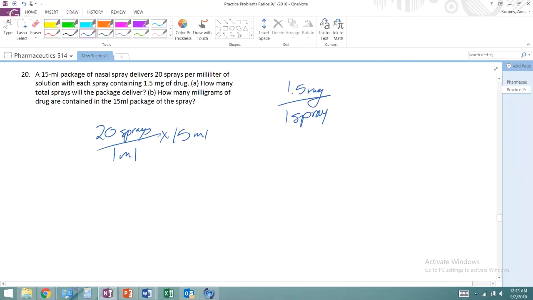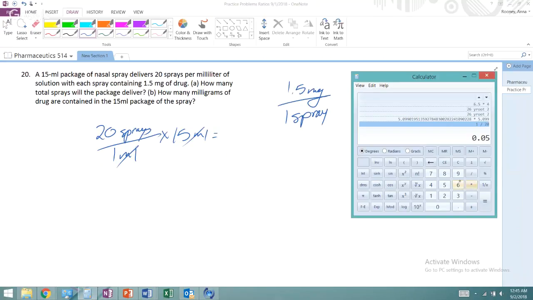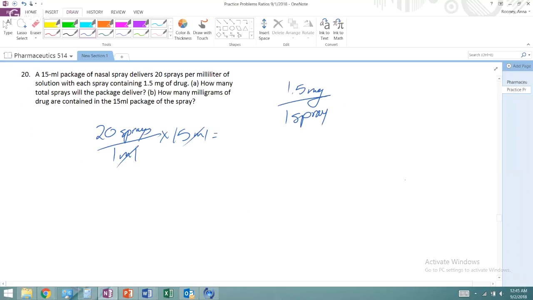So that will cancel out and we'll find out how many sprays we have. So 15 times 20 is 300. There's 300 sprays. Okay. So that is our part A answer.